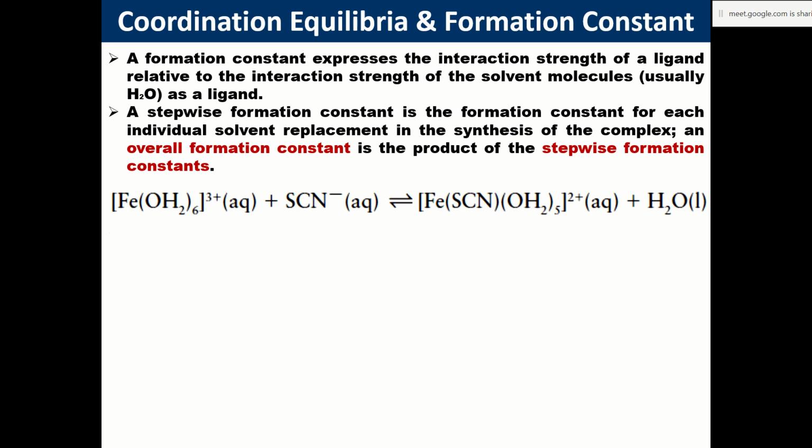You have done Job's method. You saw what I told you: observe the maximum peak. You will be getting the maximum peak when the mole fraction of SCN minus is 0.5.